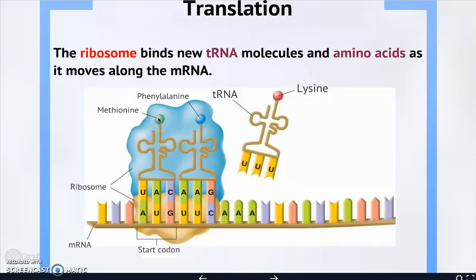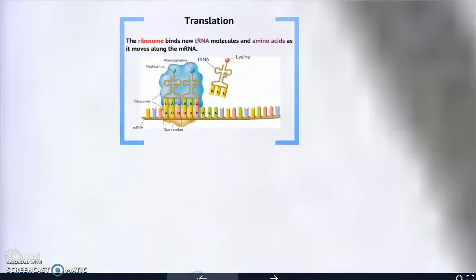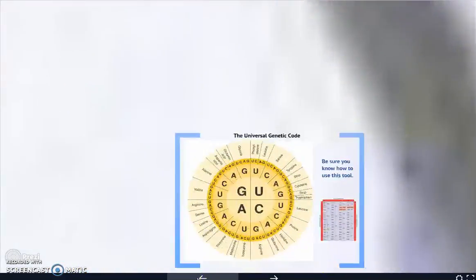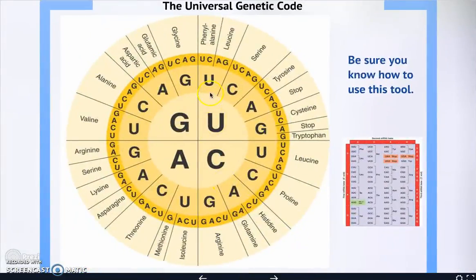If we were to go back and look at that chart, we would know that AUG is methionine. And then our next one, we would look up our mRNA, which is UUC. We could go back and we would say UUC, and we have an amino acid that is called phenylalanine.